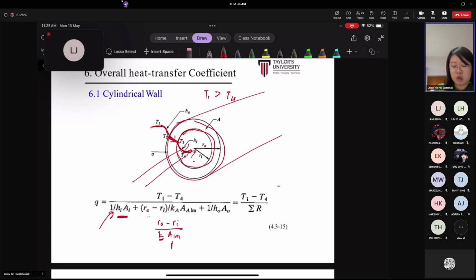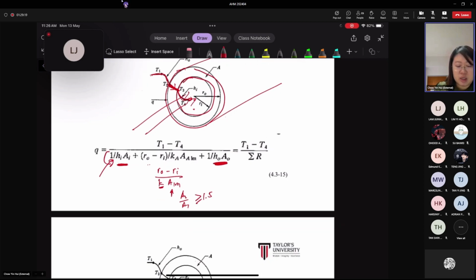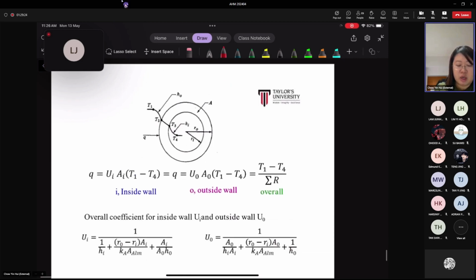We use this if A2 divided by A1 is greater than or equal to 1.5. Plus the resistance to heat transfer by convection in the fluid, from the surface of the inner pipe to the fluid. Now, if we want to express this whole equation in terms of the overall heat transfer coefficient, it depends whether you want to express it based on the inner surface area or the outer surface area. You can try it.